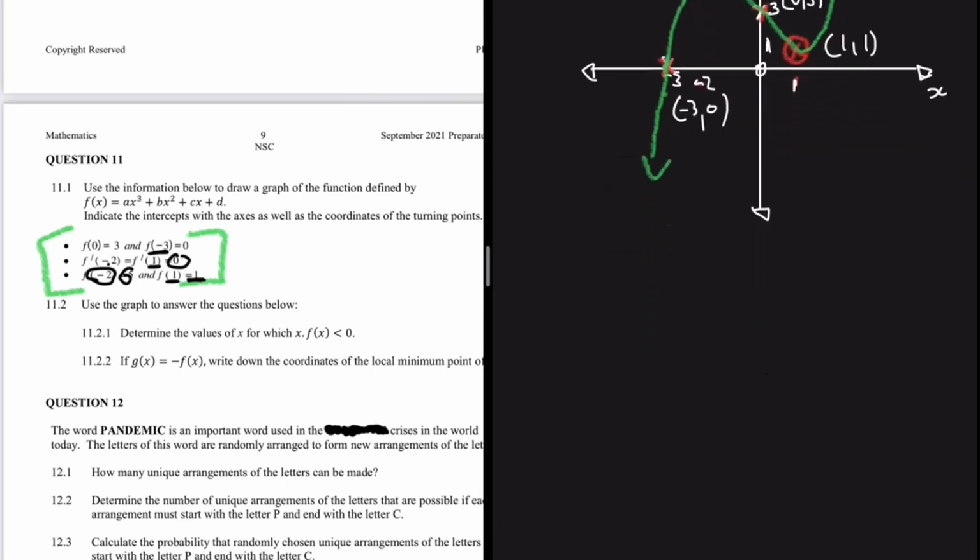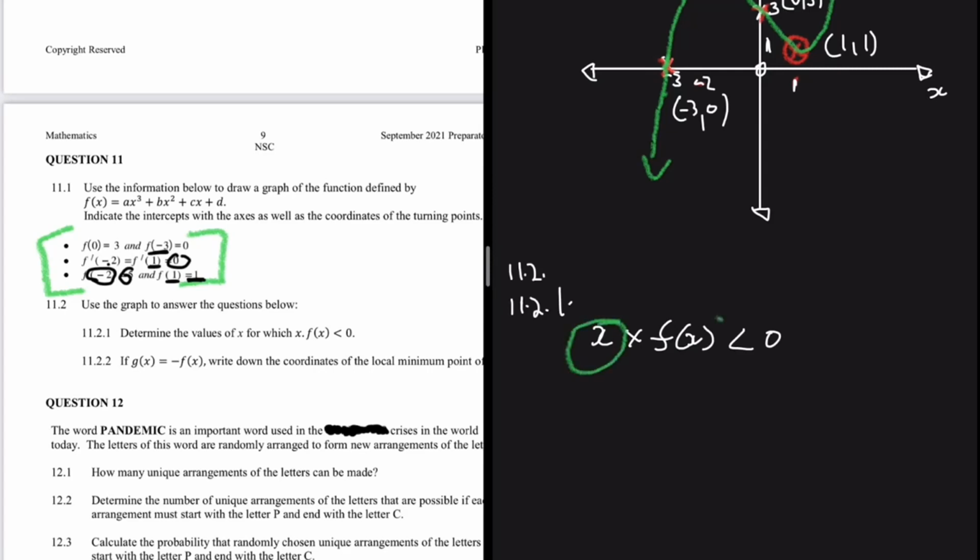And then 11.2.1, it says, let's use the graph to answer the questions below. Determine the values of x for which x multiplied by f(x) is less than 0. So x, what is x? x is the value of the x coordinate, right?